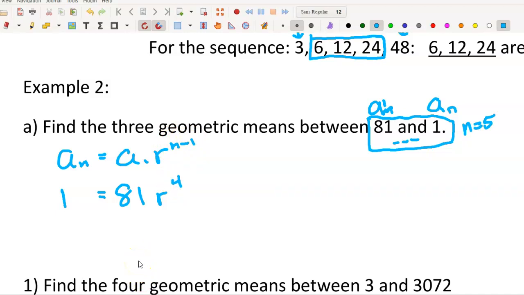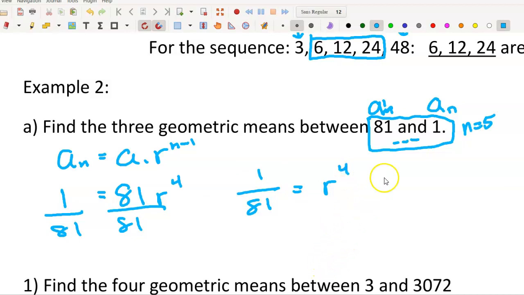I just have to solve this equation: 81 times what number to the 4th power equals 1. All right, let's solve. We get 1 over 81 is r to the 4th. We're going to take the 4th root of both sides to solve that.